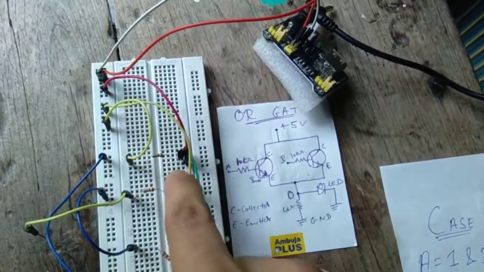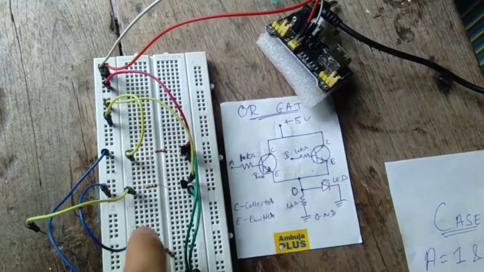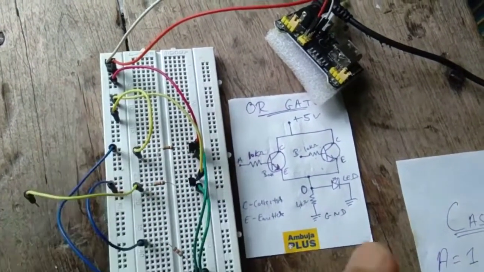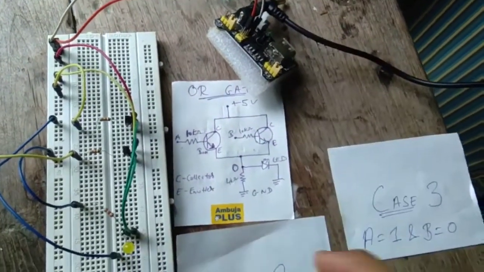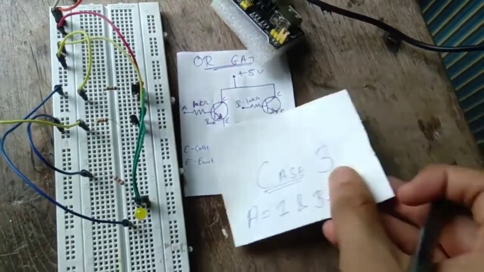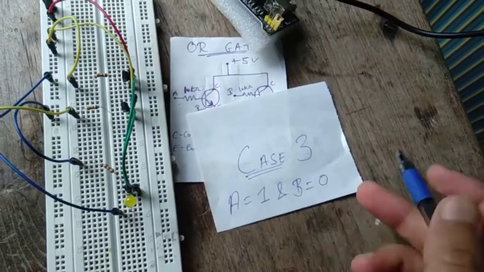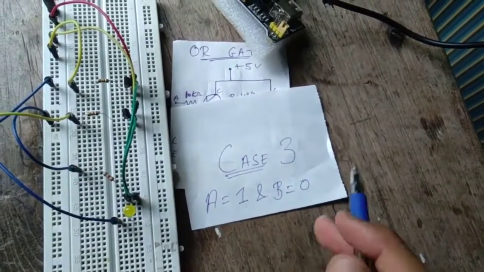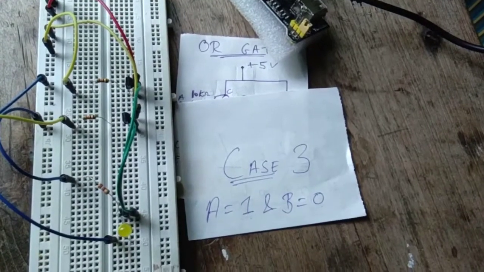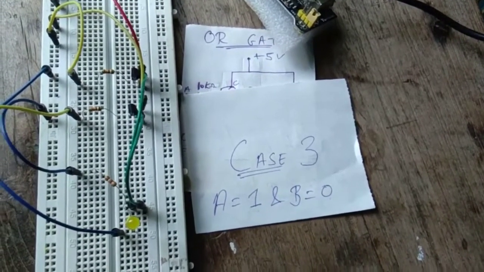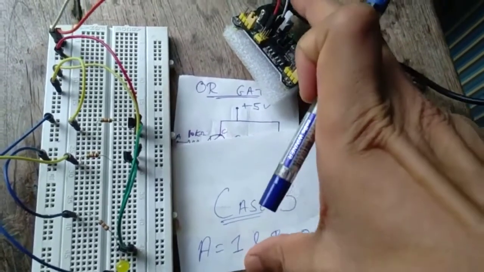So the first transistor is now connected with the power supply and the second transistor is not connected with any power supply. Now according to the Boolean expression, when A is 1 and B is 0, A plus B is equal to output, and 1 plus 0 will be 1. So the output should be high here also.